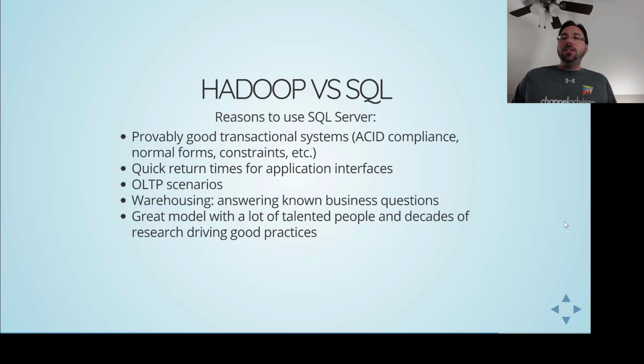Now, relational databases are really good for transactional processing scenarios. Very fast, staccato, give me a few records or a single record, but I need them very quickly. They're also good for warehousing in cases where you know the questions that are being asked. This is a Kimball model or an Inmon model warehouse. You ask the business people, what things do you need to know?